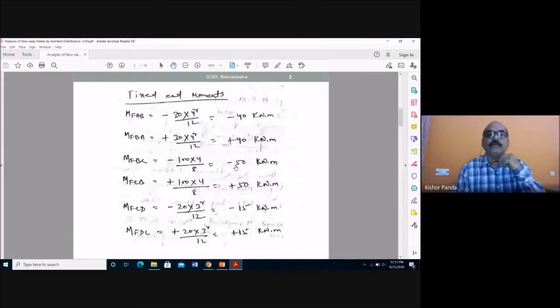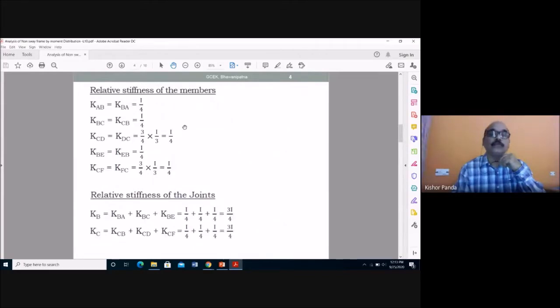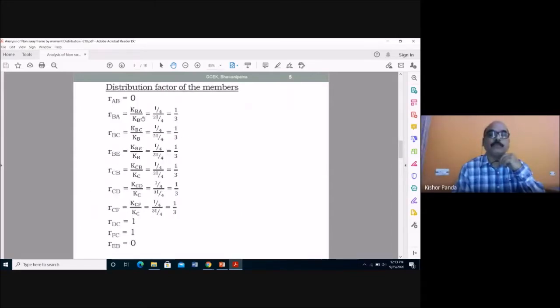You know how to find out the distribution factor. The distribution factor is equal to the relative stiffness of the member divided by the relative stiffness of the joint. So for DBA, you have to find out KBA divided by KB, relative stiffness of the member by relative stiffness of the joint. In this manner you can find out the distribution factor for the members. These are the distribution factors of the members.